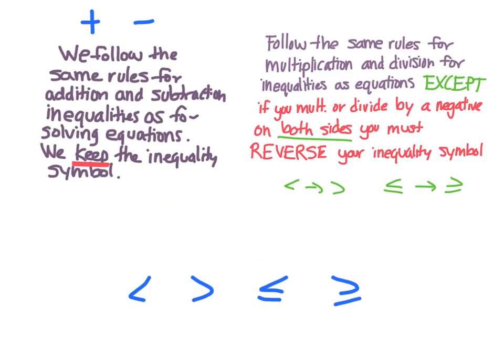So our greater than becomes a less than symbol, a less than becomes a greater than symbol, etc. And this is because when you are looking at your negative numbers, the more negative numbers are actually smaller. And we know that when we multiply or divide by a negative number, a negative times a negative is a positive, and a negative times a positive is a negative.